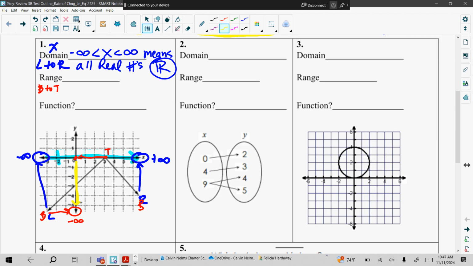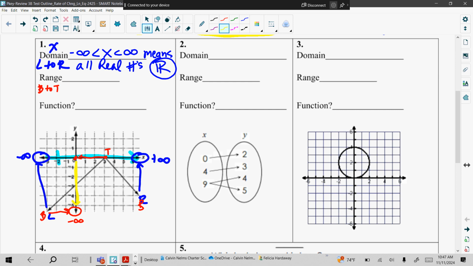Negative infinity, no. You go from this, I'm pointing to all the y values here. So we have to know what type of values these are. So is 5 part of the range in this?